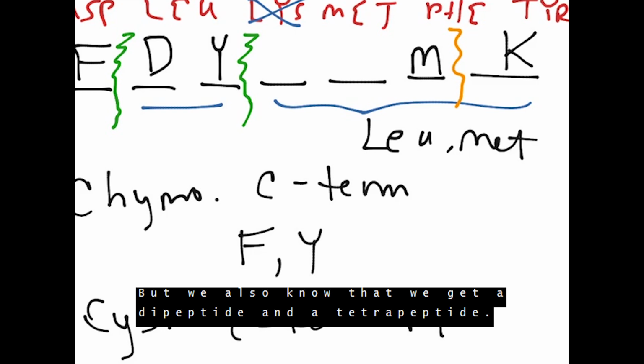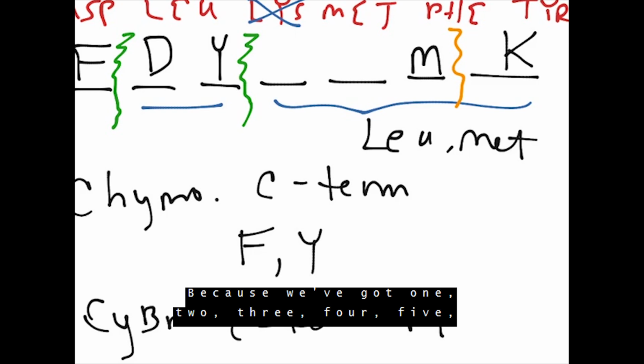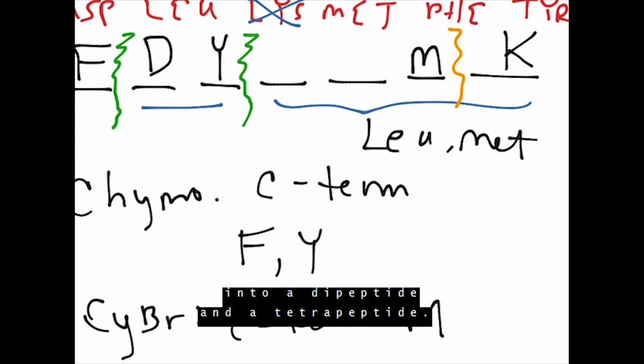But we also know that we get a dipeptide and a tetrapeptide. So that means our methionine has got to be our double because we've got 1, 2, 3, 4, 6 amino acids that we've got to break apart into a dipeptide and a tetrapeptide.